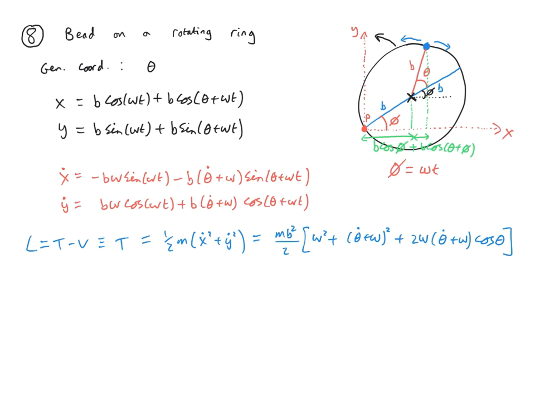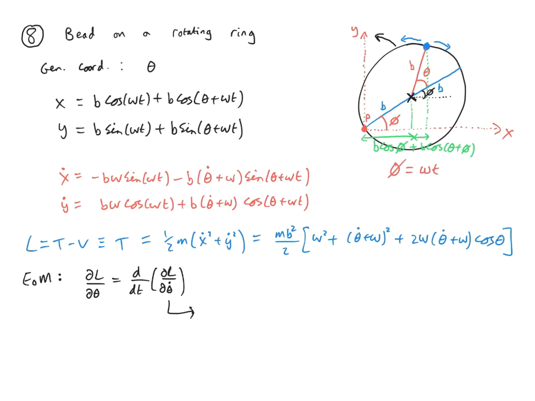So let's proceed to use the Euler-Lagrange equation of motion to actually find the dynamics of this system. We have a single generalized coordinate. Let's go through the motions. The equation of motion is dL by d theta is equal to d by dt of dL by d theta dot. The generalized momentum is partial dL by d theta dot, so let's just work that one out first.